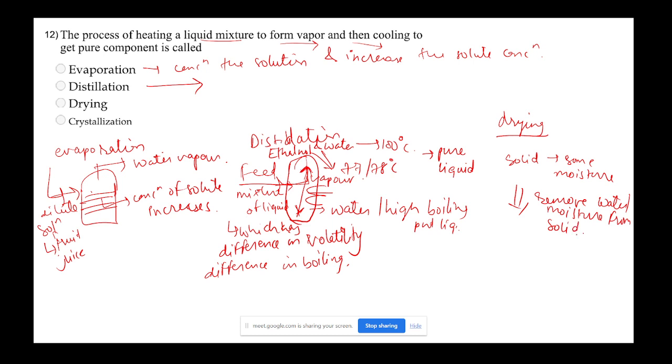So you try to evaporate that water from the solid, which is done by drying. Next process mentioned here is crystallization.